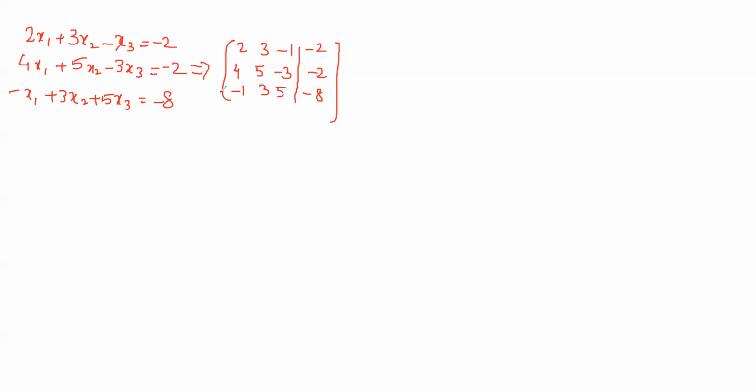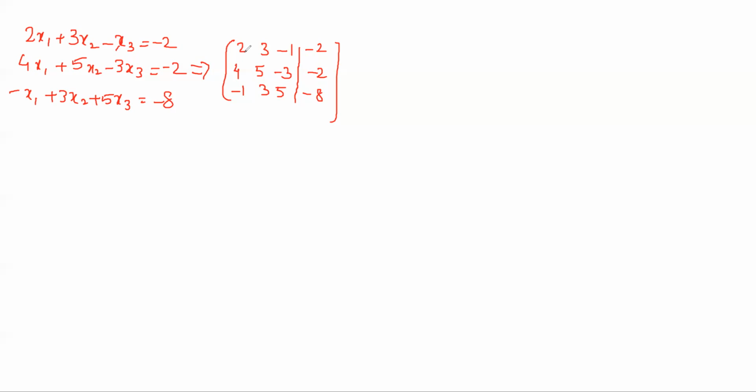So now we need to perform the row operations. Actually, the Gauss-Jordan elimination method prefers to have one in the pivot positions.